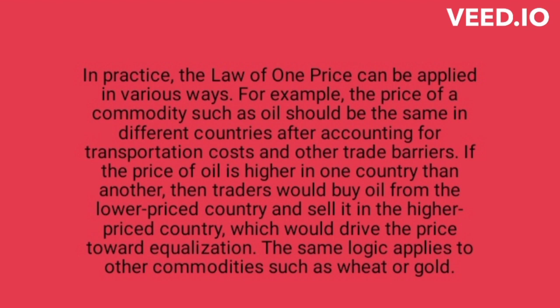If the price of oil is higher in one country than in another, then traders would buy oil from the lower priced country and sell it in the higher priced country, which would drive the price towards equality. The same logic applies to other commodities such as wheat or gold.